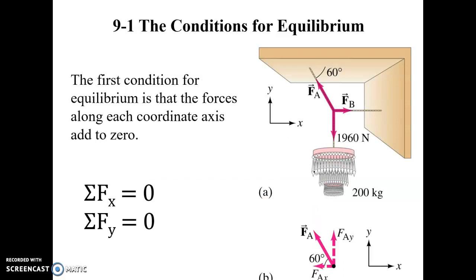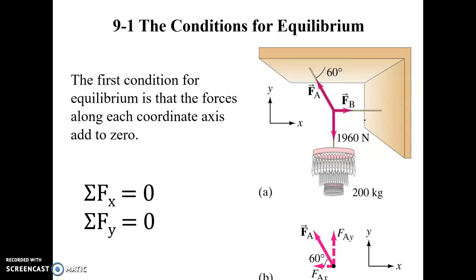So this idea can be used to design all sorts of structures and mechanical systems in which forces are being applied, because we know that all of the forces are going to cancel out. Now, when we've got a book sitting on a table and the forces are all in the vertical direction, there's not a whole lot to it.